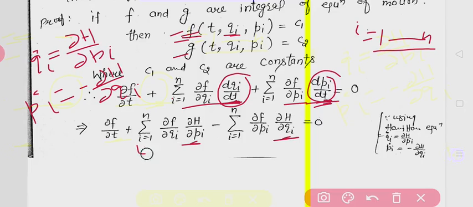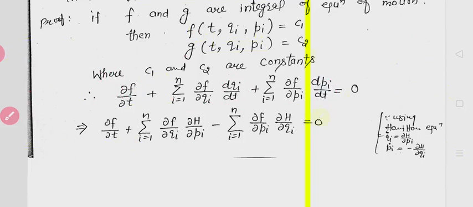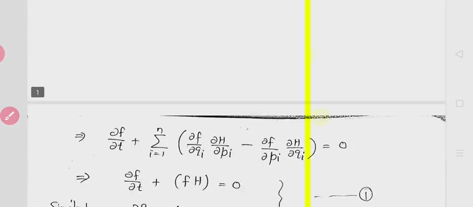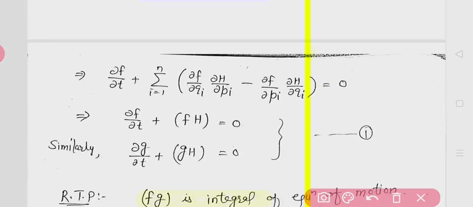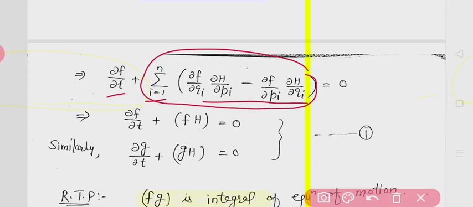So if you combine this summation, it will be the partial of f with respect to t plus the summation of this thing, that will be equal to 0. Now you know that according to the definition of the Poisson bracket, this is the Poisson bracket of f and h.